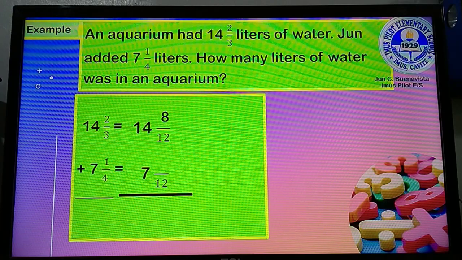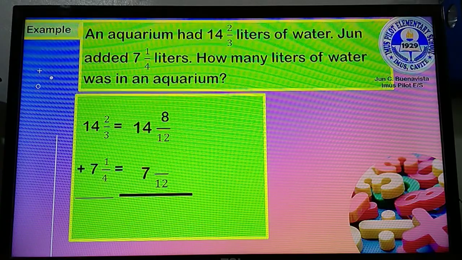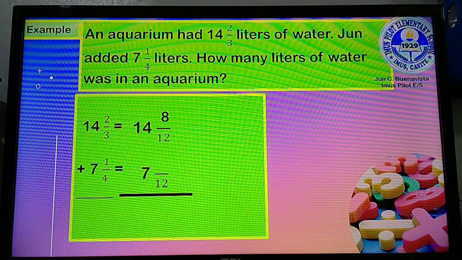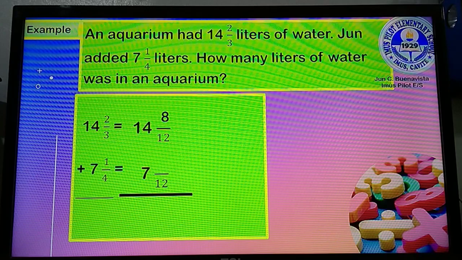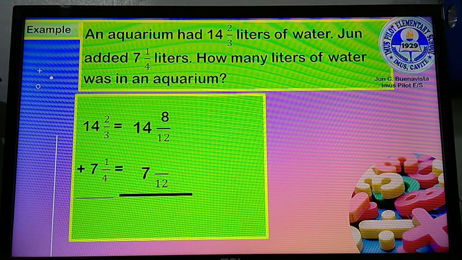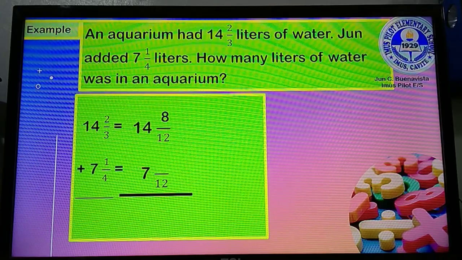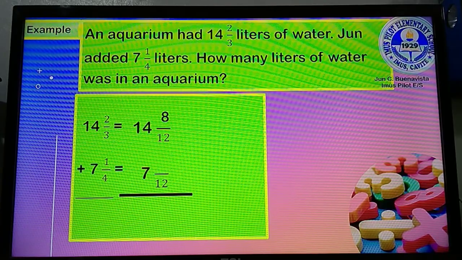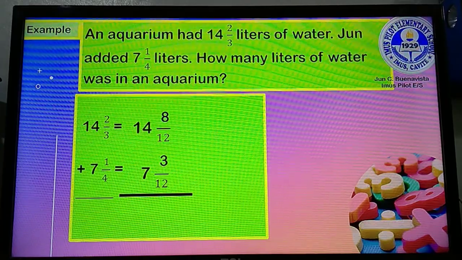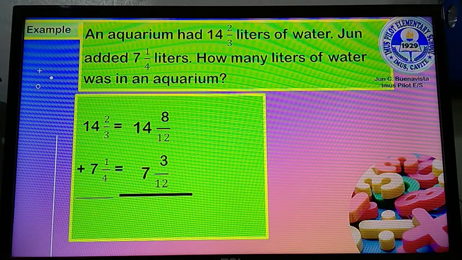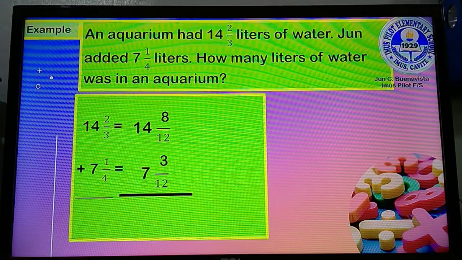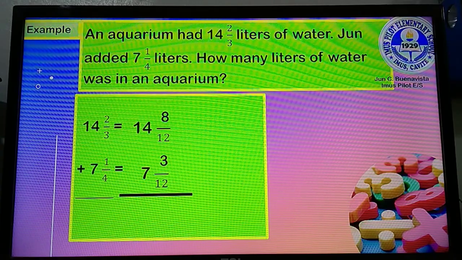They are the same. The value of the two is the same. Only that, 14 and 2/3 is the simplest form, while 14 and 8/12 is a higher form. Now, 12 divided by 4 equals 3, times 1 equals 3. Now, our new set of fractions is 14 and 8/12 plus 7 and 3/12.